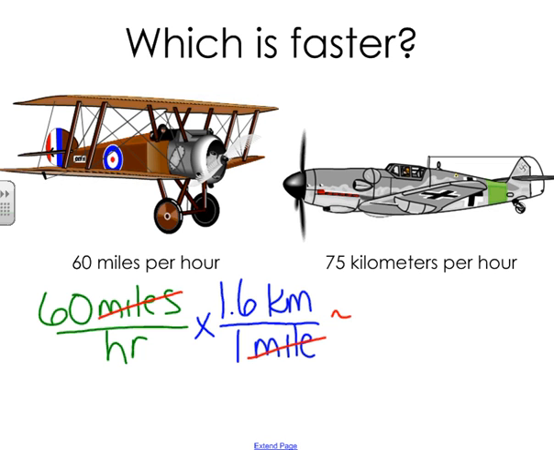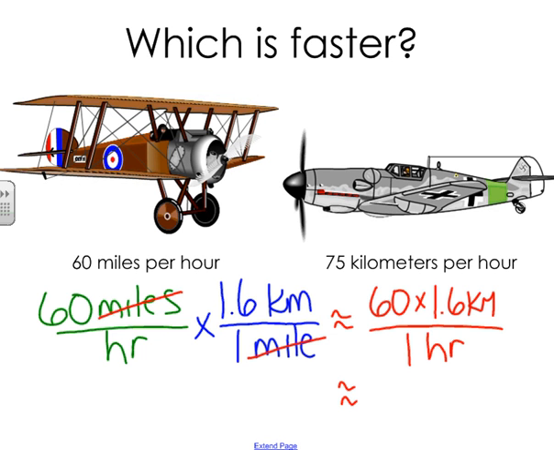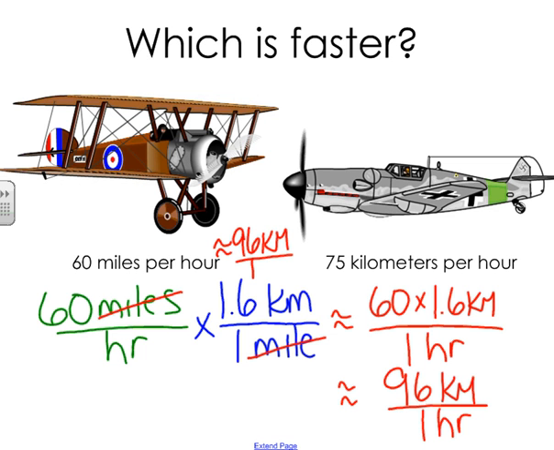So now 60 multiplied by 1 6/10 of a kilometer divided by 1 hour when I just multiply everything straight across and keep the units. So now when I simplify, 60 multiplied by 1 6/10 is about 96. And then I still have kilometers per 1 hour. So 60 miles per hour is approximately 96 kilometers per hour.